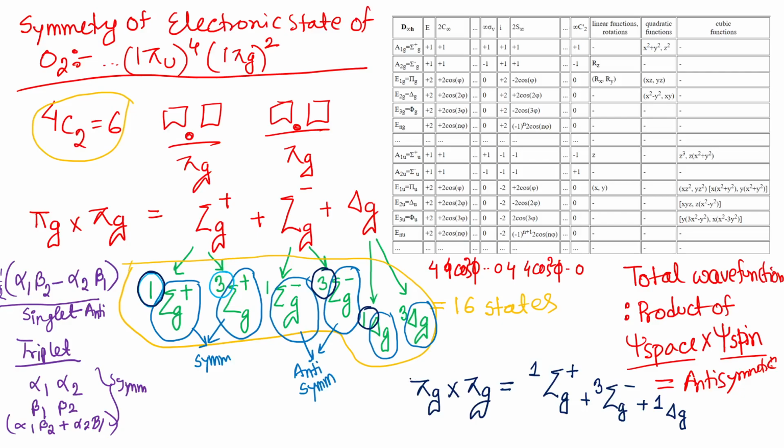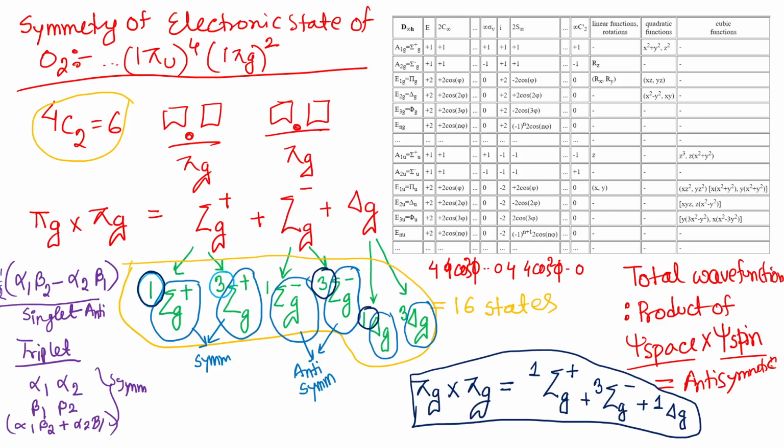Can you now tell me the relative energy order of them? Which one is going to have the highest energy? According to Hund's rule, the highest multiplicity has the lowest energy, so the triplet sigma g minus has the lowest energy.